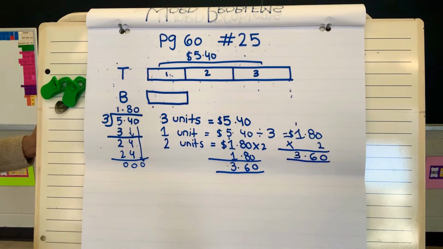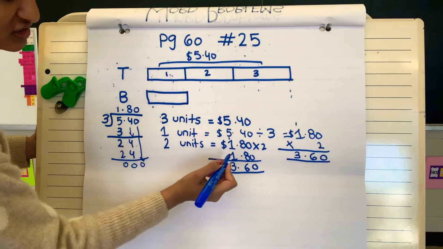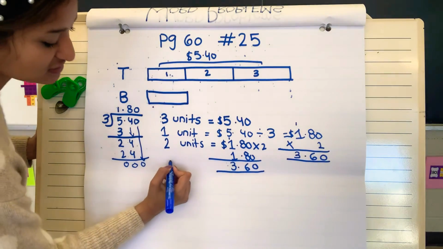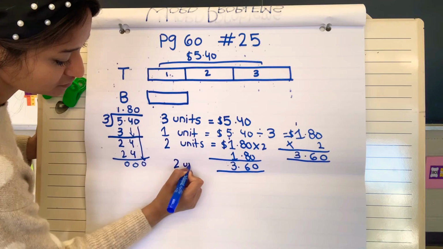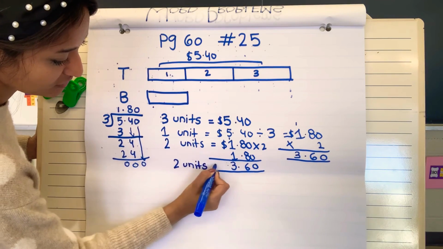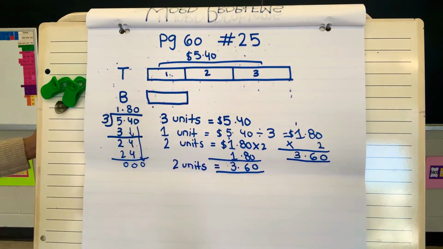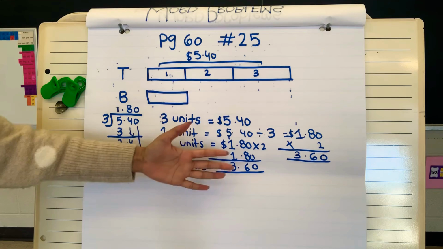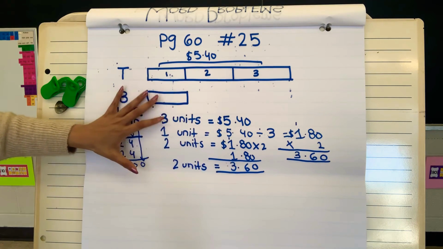So the value of 2 units, so 2 units cost us $3.60. So 2 units equal $3.60.